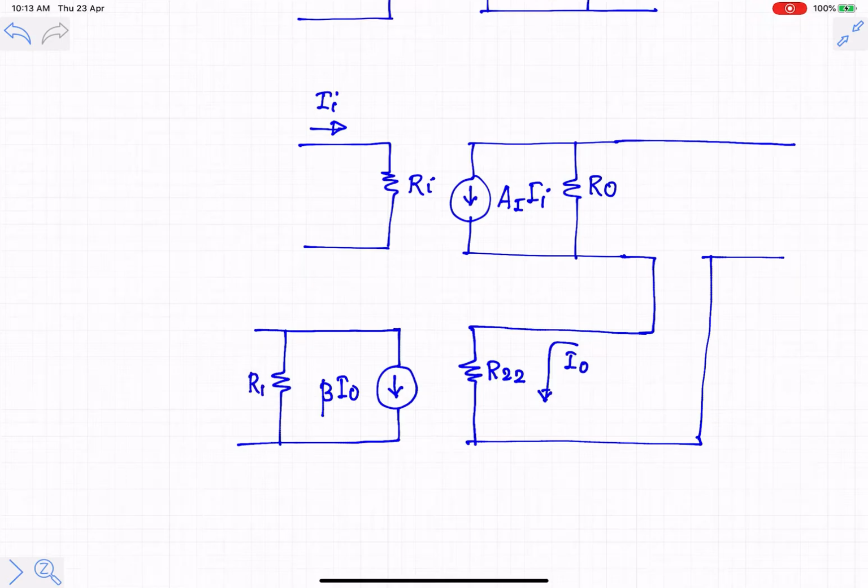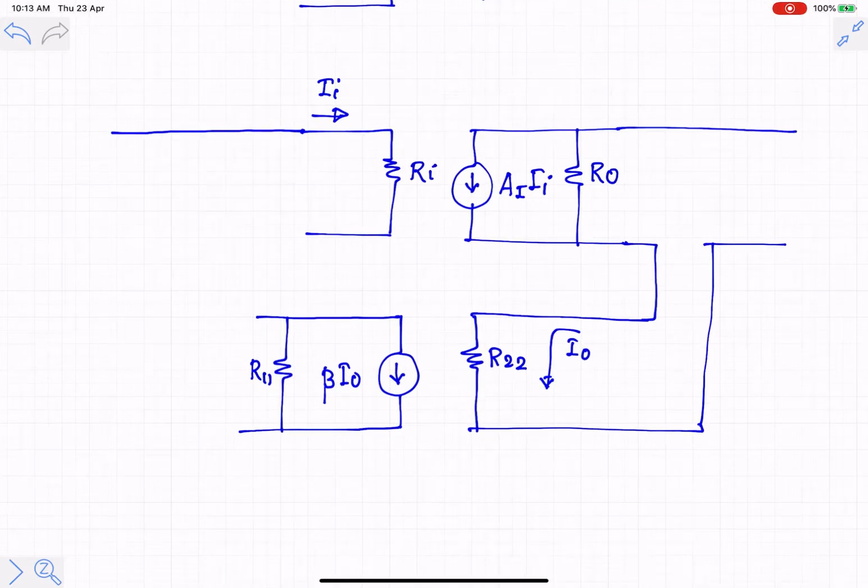This is R11. As current has to be subtracted, it should be placed in parallel with input side of the feed forward amplifier. So this current is If.